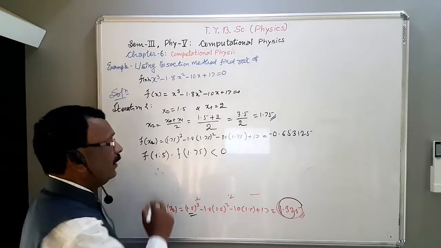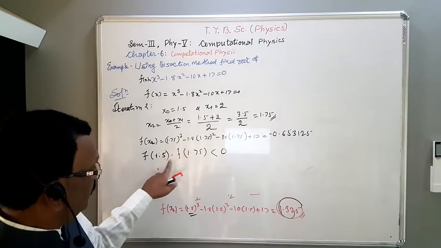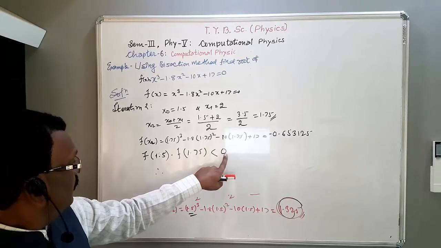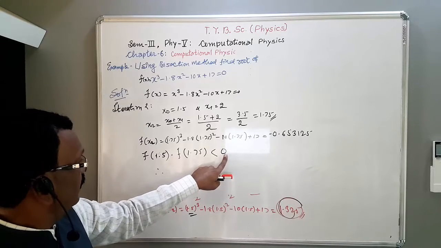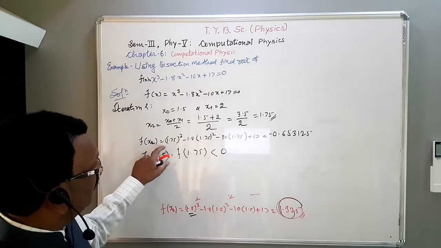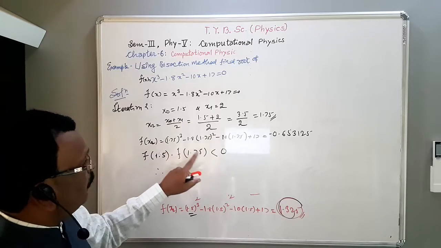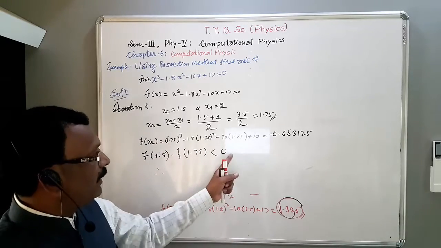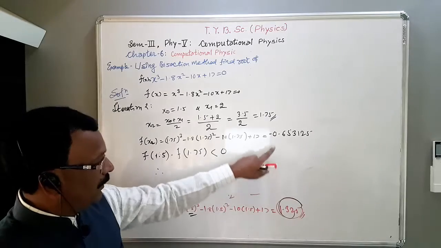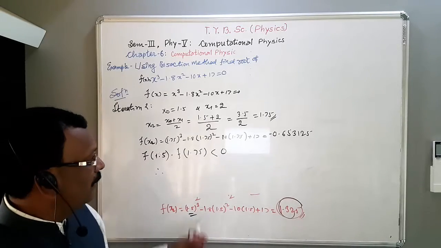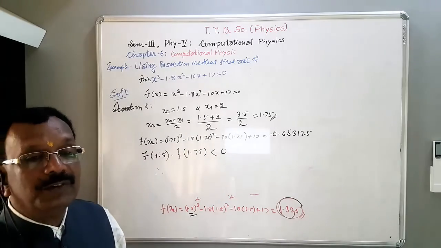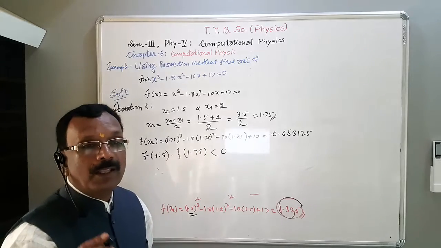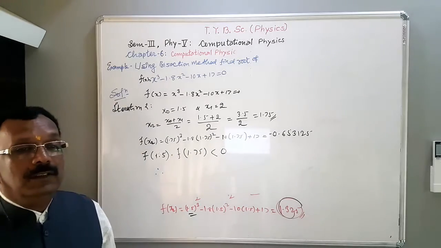Therefore, the product of 1.5 and 1.75 is less than 0, because the result of these two values is always less than 0.